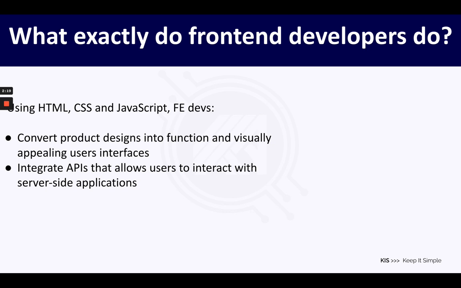Right. So the front-end developer will integrate this API such that when you click the button after you've entered your email and your password, it actually triggers a request to some backend server, and that request basically sends your username and your password.